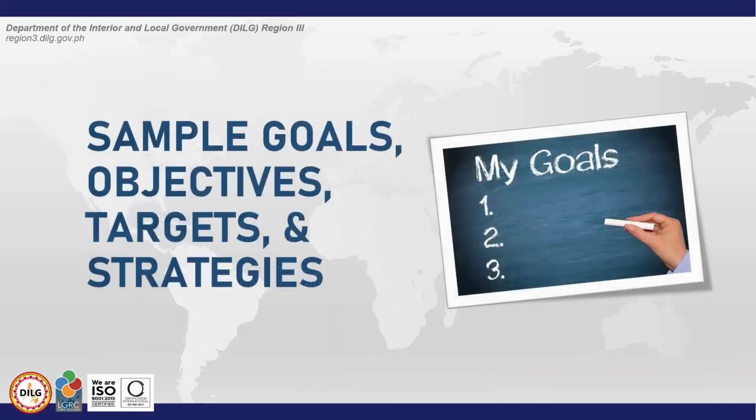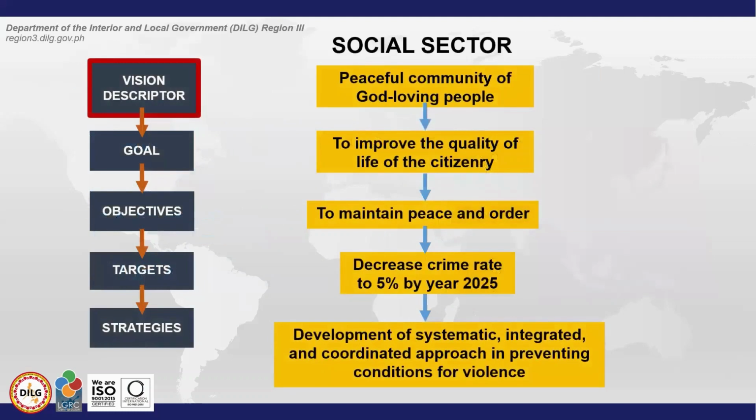Finally, for the example of goals, objectives, targets, and strategies, we will use the descriptor of the social sector being peaceful community of God-loving people. The goal is to improve the quality of life of the citizenry.